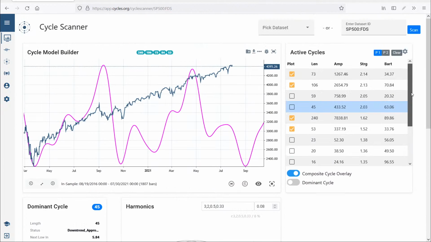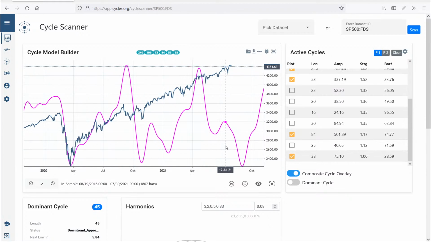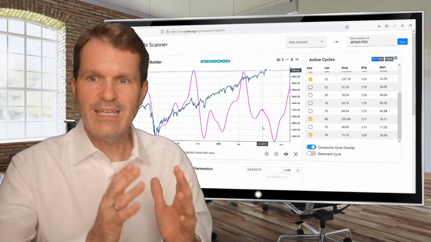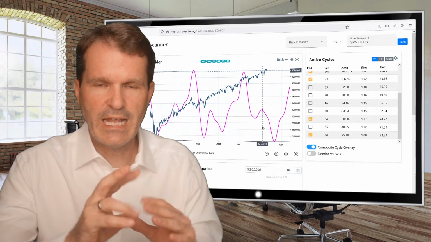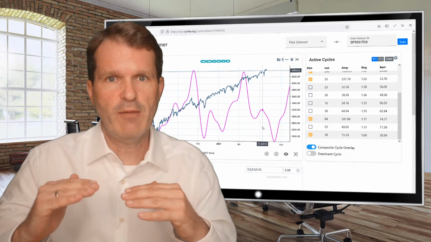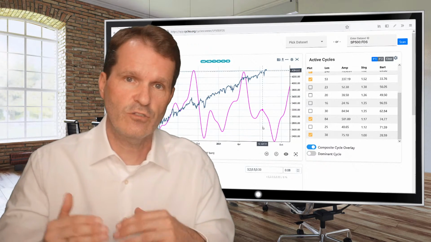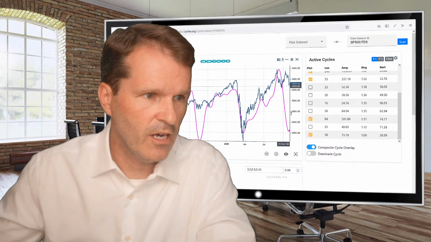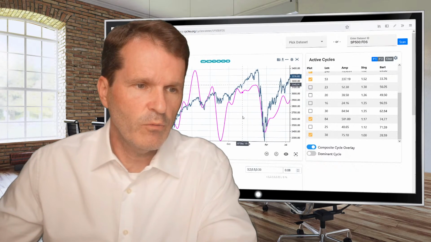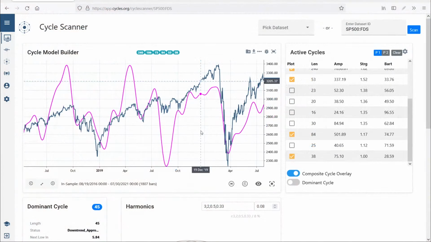So this is more than the extended procedure I'm using here, by using two key dominant cycles, the 240 and 106, and then adding for each of these dominant cycles the harmonically related cycles to our composite plot here. And we can have a cross check with historical data first before we go into our future projection.